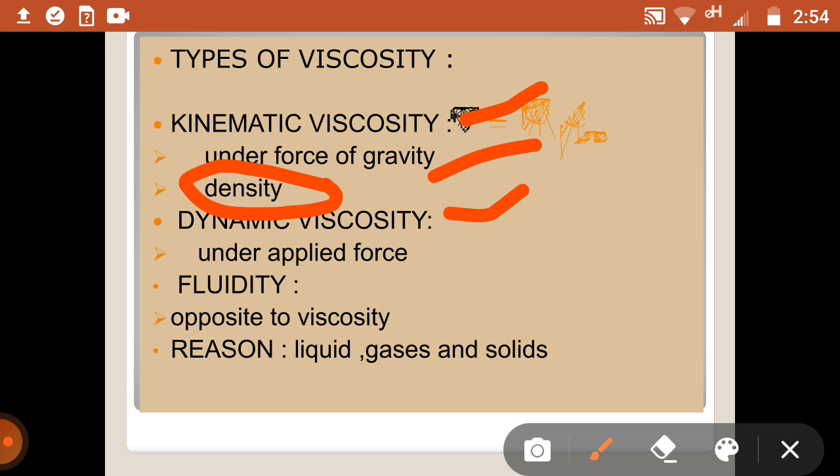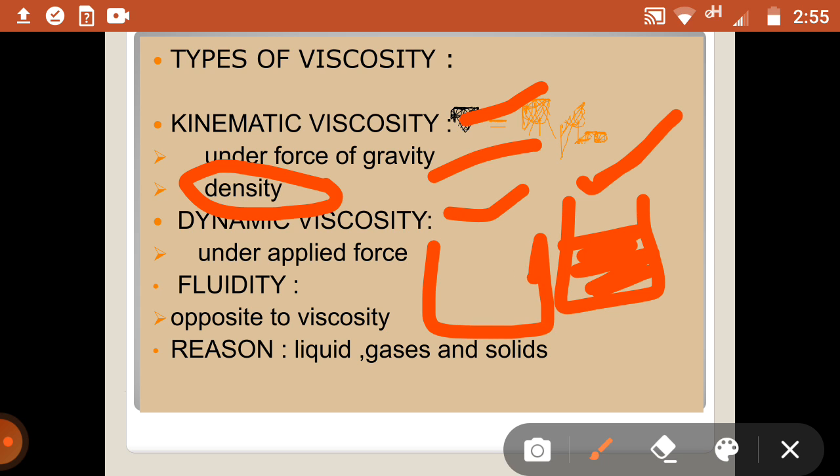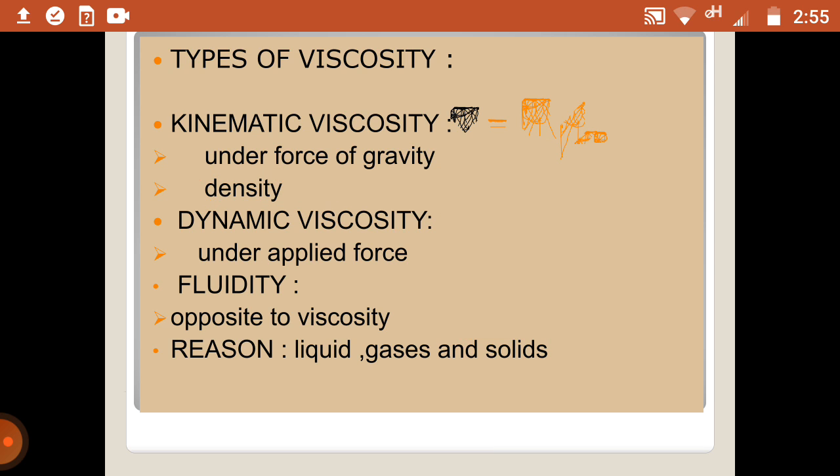How? Example, in kinematic viscosity, you take a sample of water. Just suppose it has the same dynamic viscosity as ethanol. Both of these have the same kinematic viscosity.